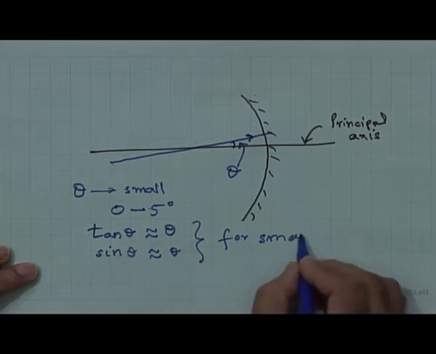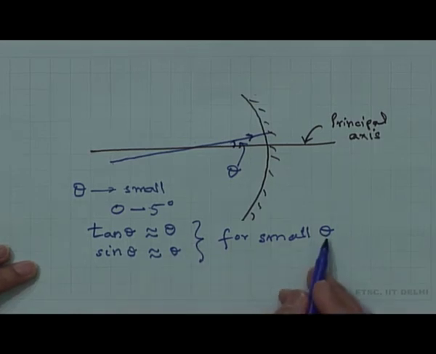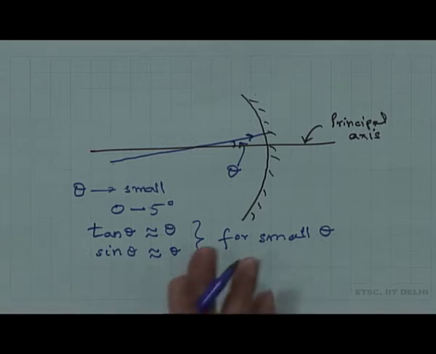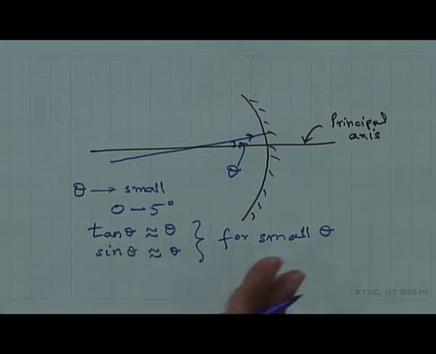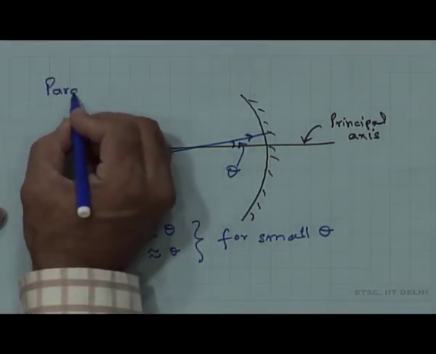This is a very good approximation for small values of theta. Tan theta is nearly equal to theta and sin theta is nearly equal to theta. This simplifies the mathematics, and that is why we often resort to the paraxial approximation.